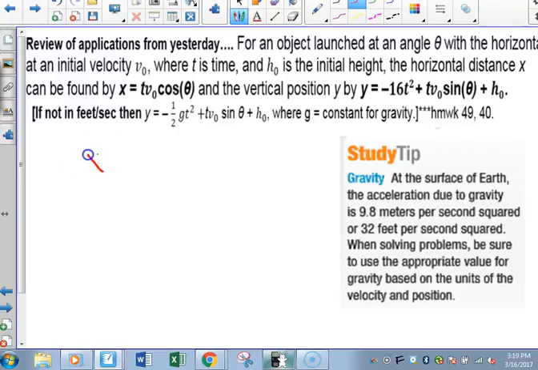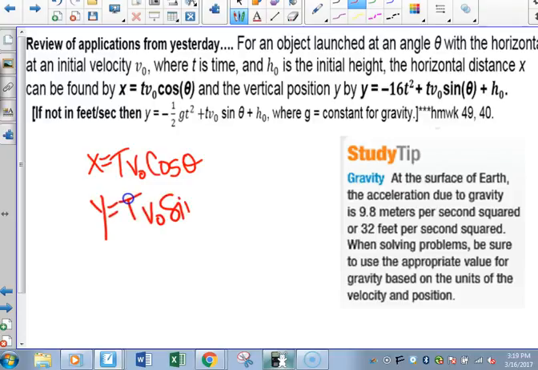Because on the back of the pink sheet, it says, when you're finding the path of an object launched at an angle from an initial velocity, it was t initial velocity cosine of theta, and y equals t initial velocity sine of theta minus 1/2 gt squared. Right here it says, if it's feet per second, you use 32. Well, half of 32 is 16, okay?